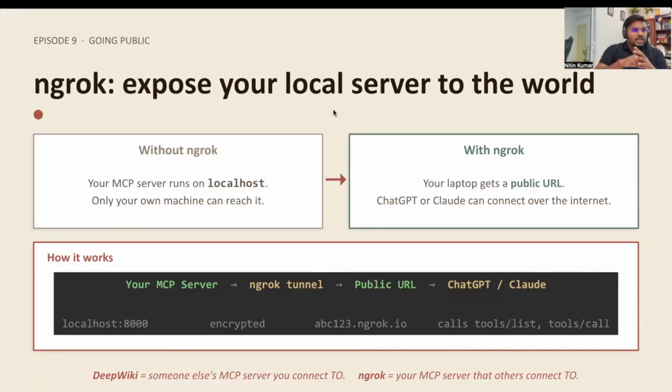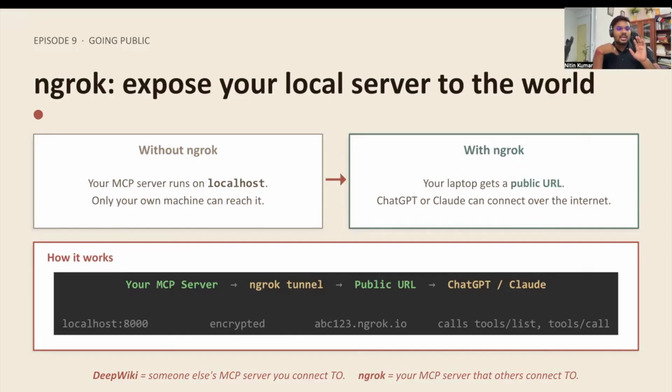Why are we going to use ngrok? Let's say you are running your own server that we created in our last episode. That was running on your local system, and we have OpenAI running on the internet. If you want this MCP server that has four tools to be accessible by OpenAI, how do we connect these things? For this part, we are going to use ngrok.